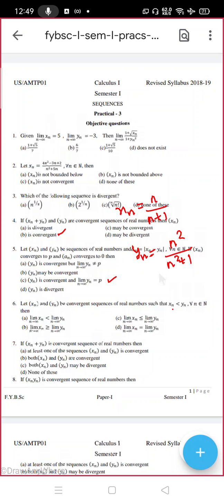Suppose I am having it like this, okay? So do you agree xn is less than equal to yn? Maybe I'll put 3 here if you want.